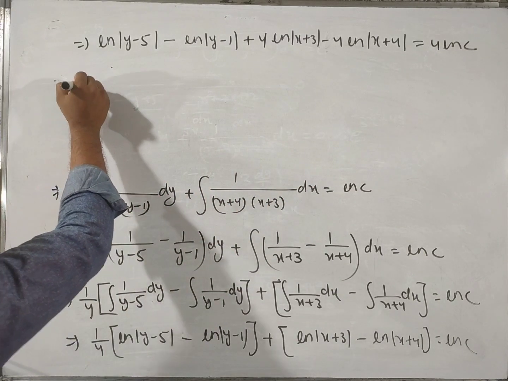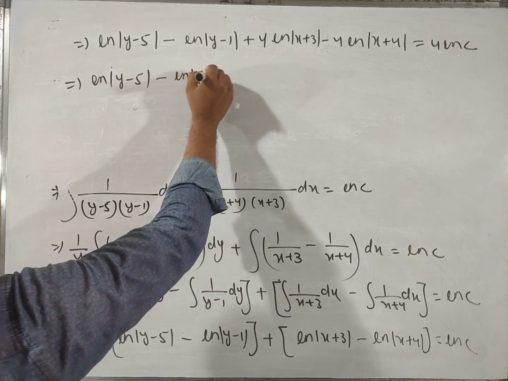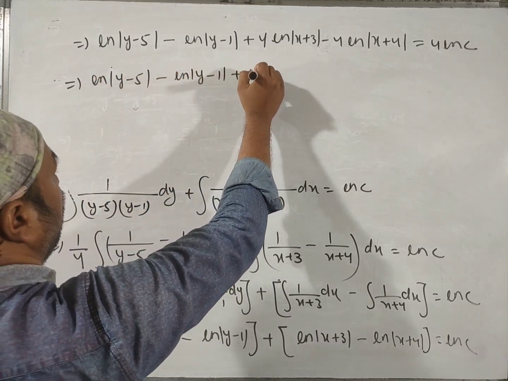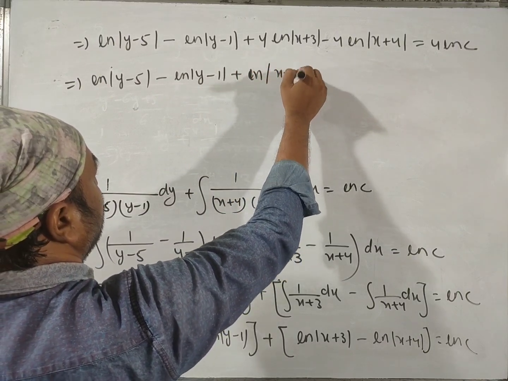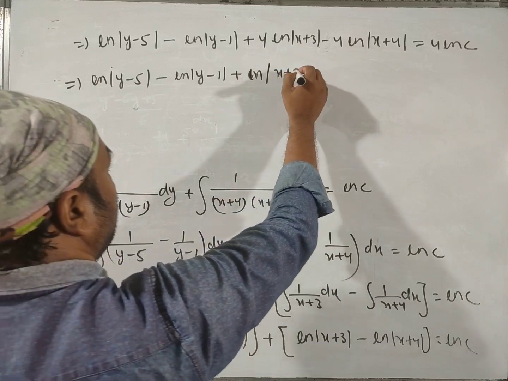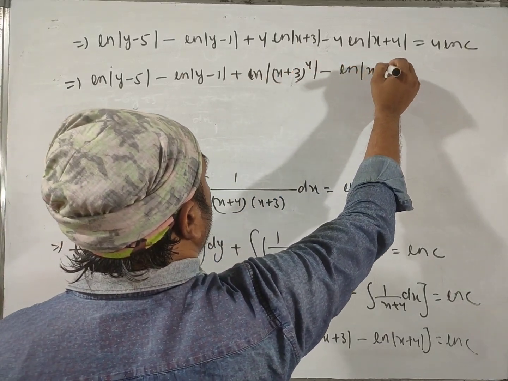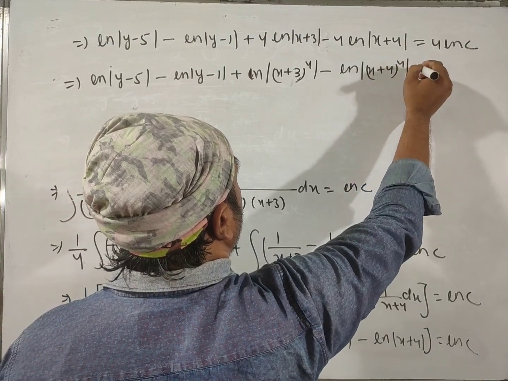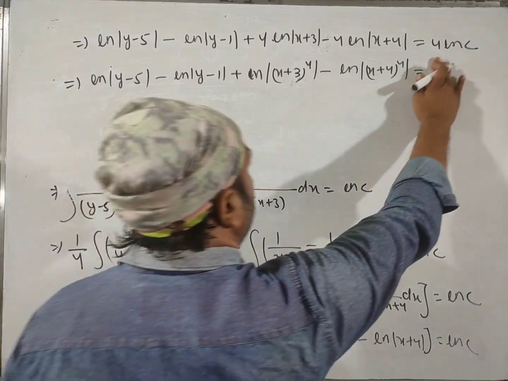Then simplifying, it is ln modulus of y minus 5 minus ln modulus of y minus 1 plus ln modulus of x plus 3 whole to the power 4 minus ln modulus of x plus 4 whole to the power 4, it is ln c.